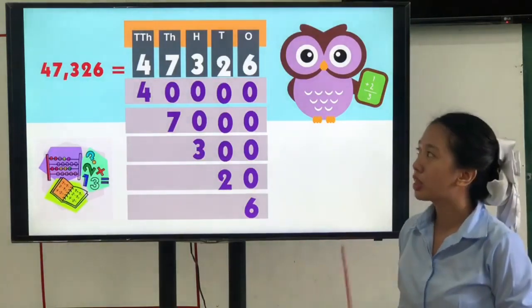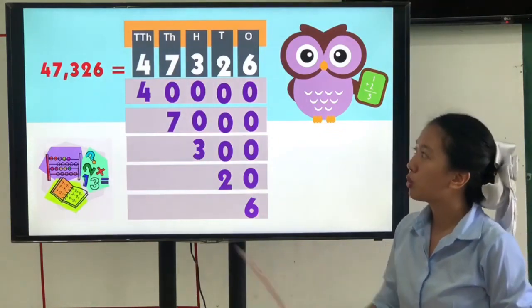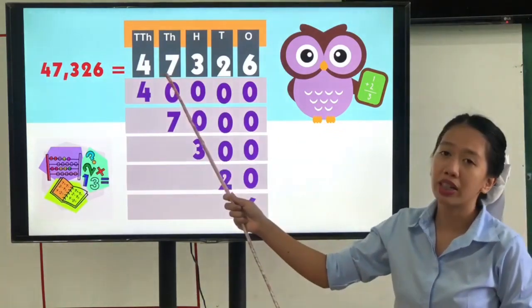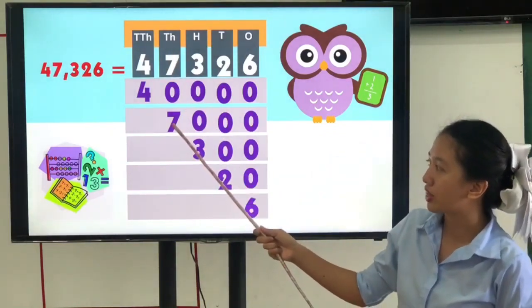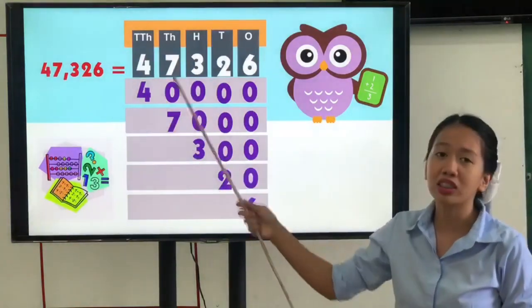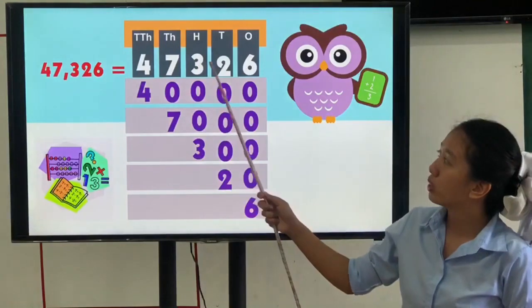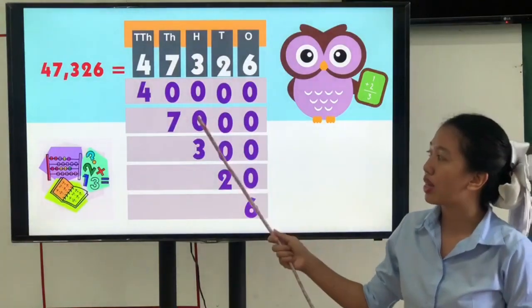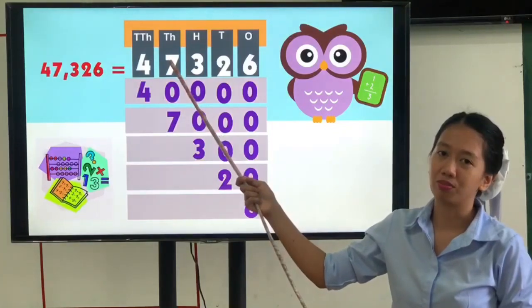Now, let's expand for our 1,000 place value. We have the number 7. Let's write 7. And how many zeros does 1,000 have? Let's count. 1, 2, 3. So we have 3 zeros for our 1,000.